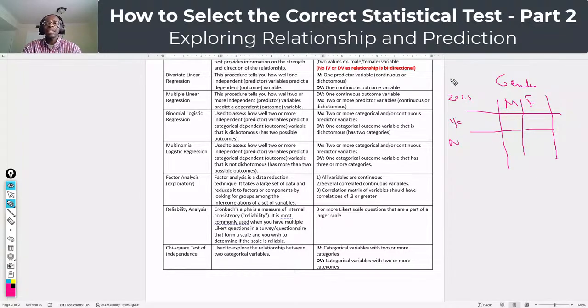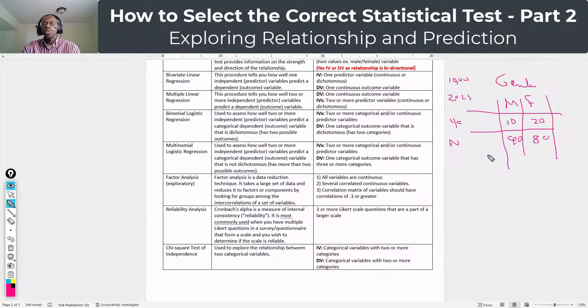So let's say there are 10,000 students, right, at a college. We want to know what percentage of the females graduated. So we'll say 20% graduated, and we'll say 10% graduated, and we'll say 80% and 90%.